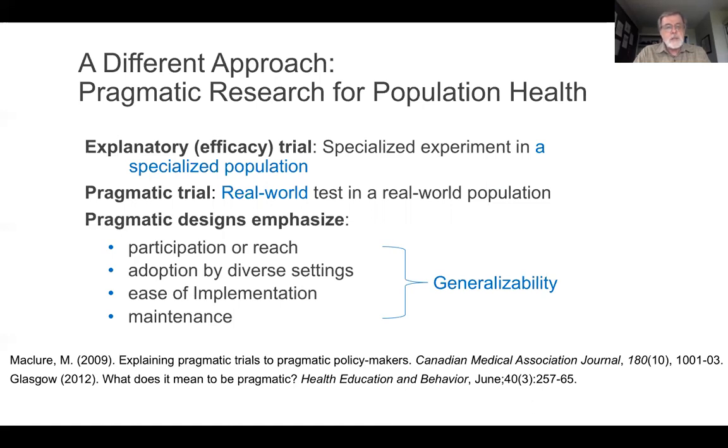We'll come back to that. Efficacy trials usually focus on maximizing internal validity, whereas pragmatic trials tend to emphasize external validity or generalizability across the dimensions that are seen here.